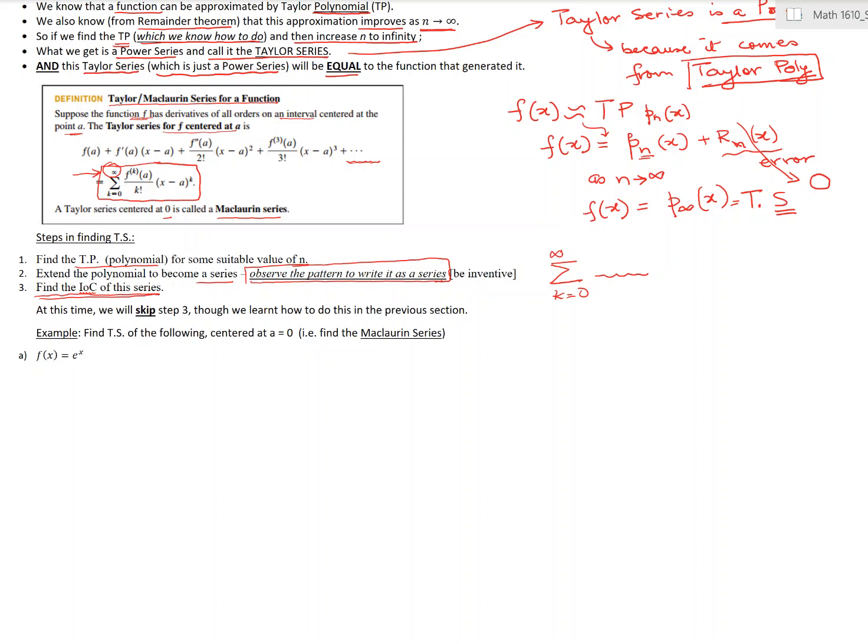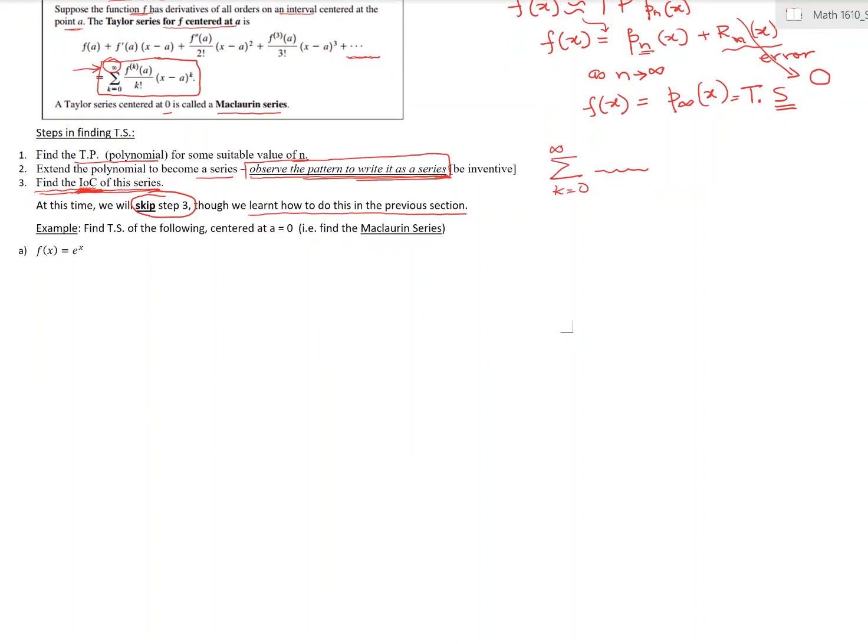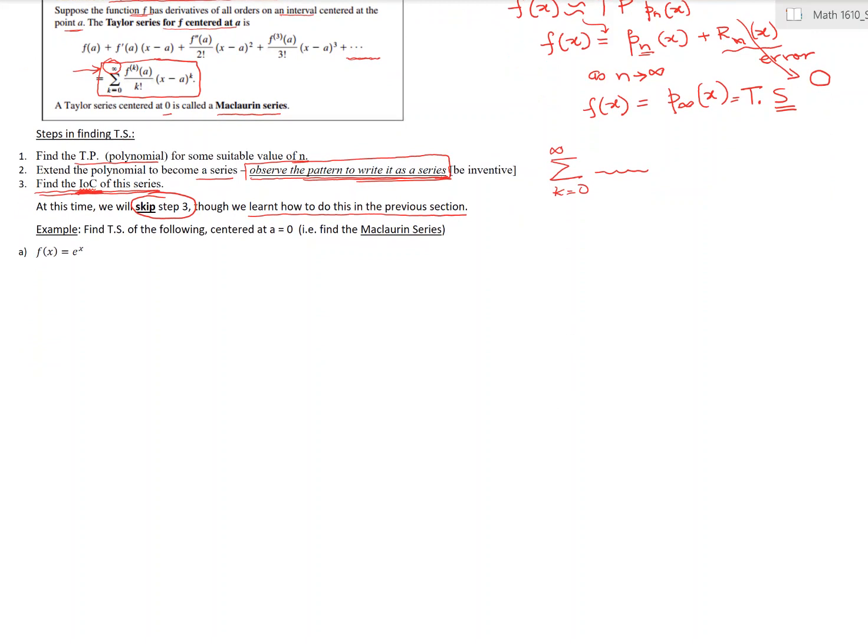Now I'll do an example or two, but at this time we generally skip step 3. That means we are not overly interested in finding the interval of convergence. We are more interested in finding the series itself. Although we have learned how to do this in the previous section, the previous section was finding interval of convergence.